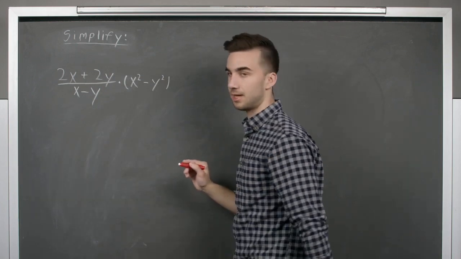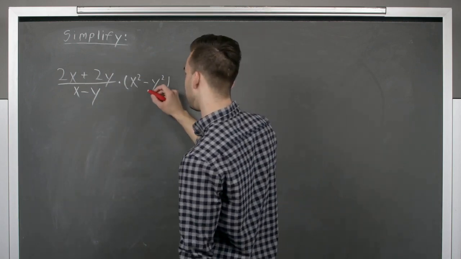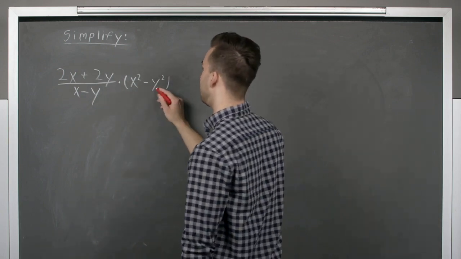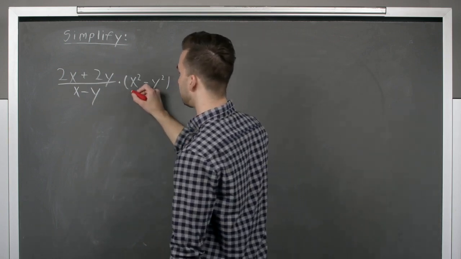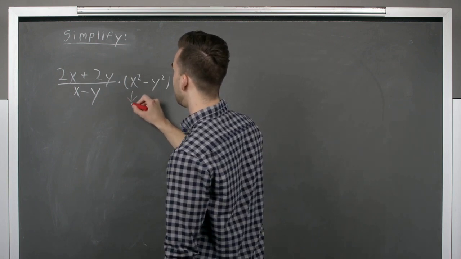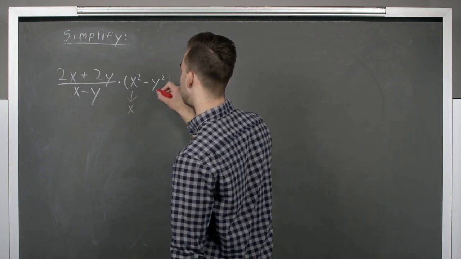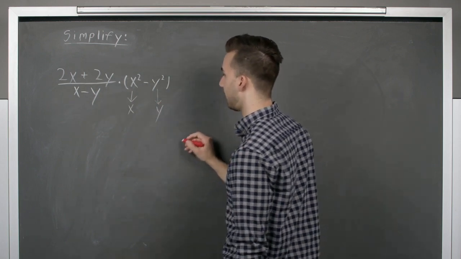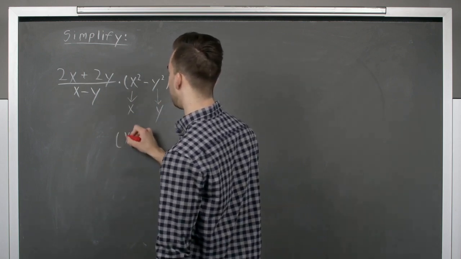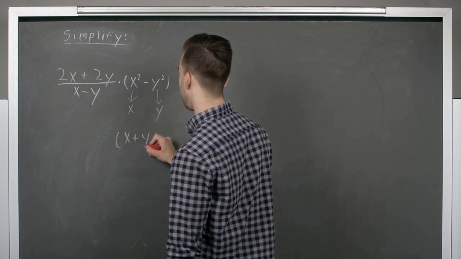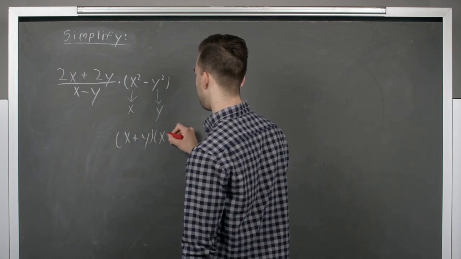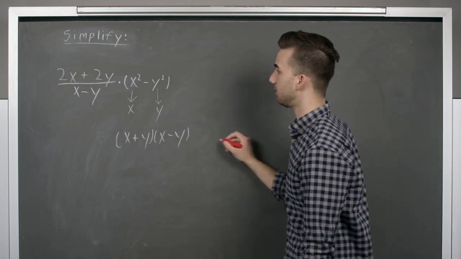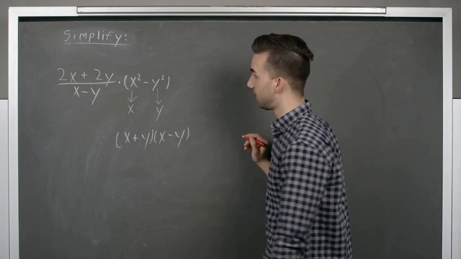So let's just go ahead and factor our difference of squares. If you remember, step 1 is to find the square root of the first and third term. So square root of x squared is x, square root of y squared is y, and then you can just write that as x plus y, x minus y. If you forgot this, feel free to review the difference of squares factoring.